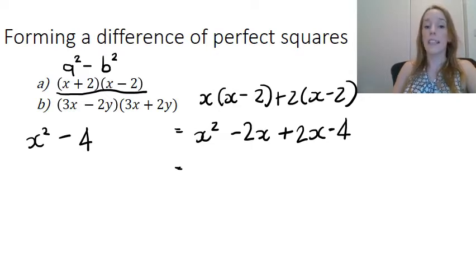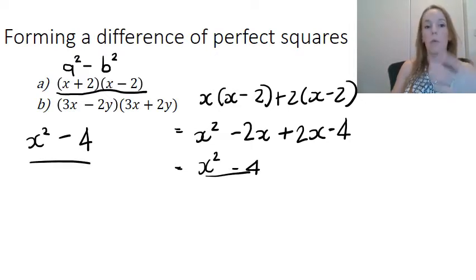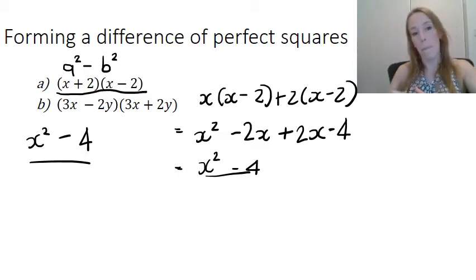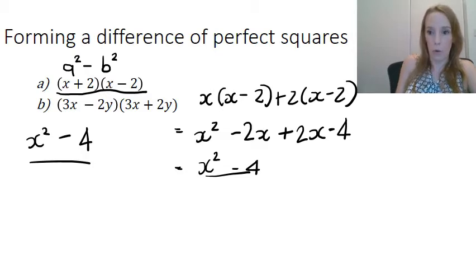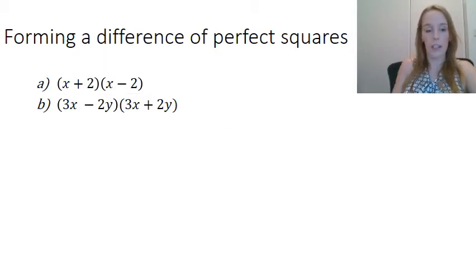And from there we can collect our like terms. So x squared doesn't have any like terms. Take 2x plus 2x is going to leave us with 0, and then take 4 on the end. Perfect. So we've ended up with x squared take 4, which is what we thought we would. So we've followed that pattern where we're going to have a squared take b squared, just following the pattern through as well. So I'll just clear that.